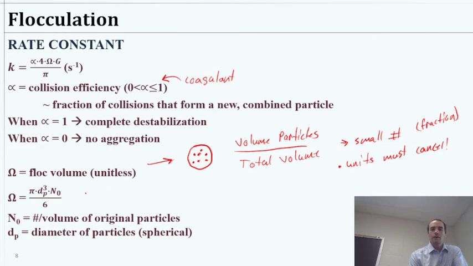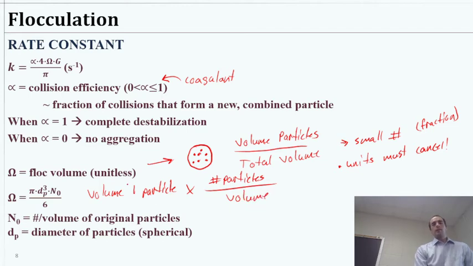So this is essentially saying volume of one particle multiplied by the number of particles per volume. And we see here that if the volume of one particle is pi dp cubed over 6, then n naught is the number of initial particles.